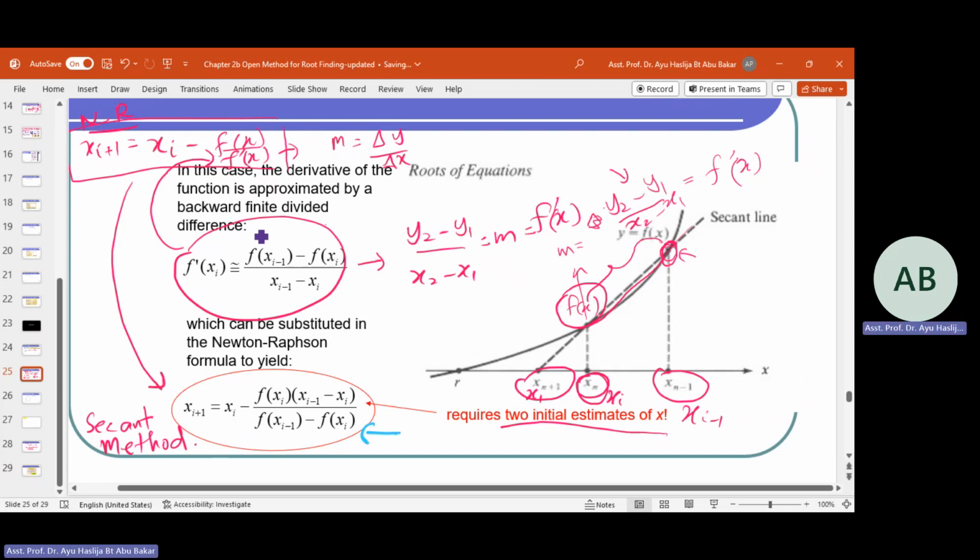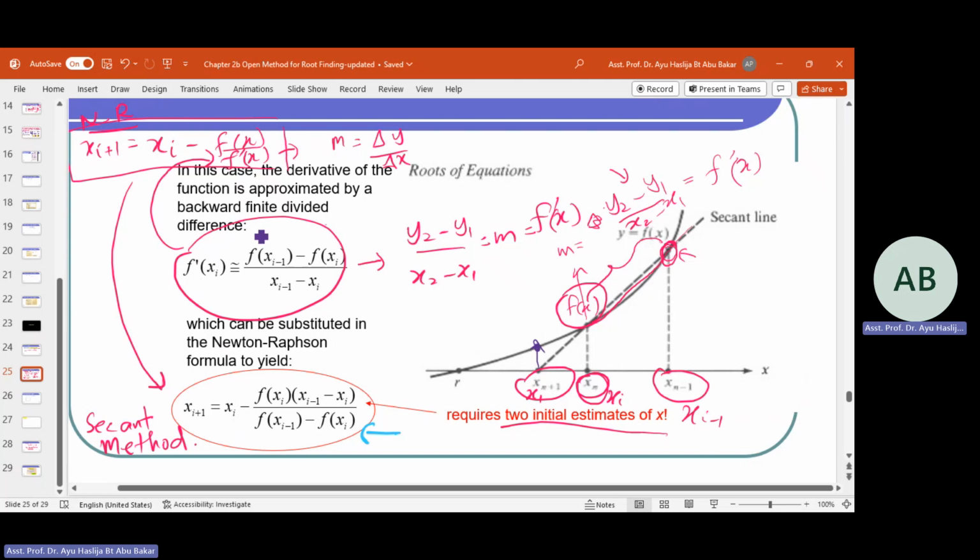To find your x2, using your x1, this is 1 point. The second point, which one will be the second point? Xi or xi minus 1? Xi.